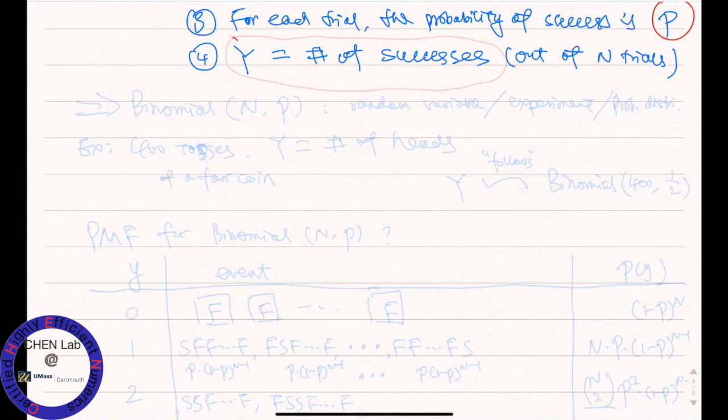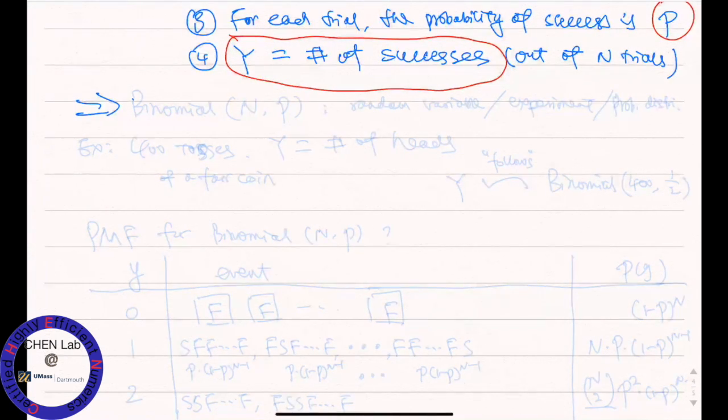So those will be three key things: you have n, you have a p, you have a y, defined to be the number of successes. Then we call this experiment, and by extension, this random variable, binomial.